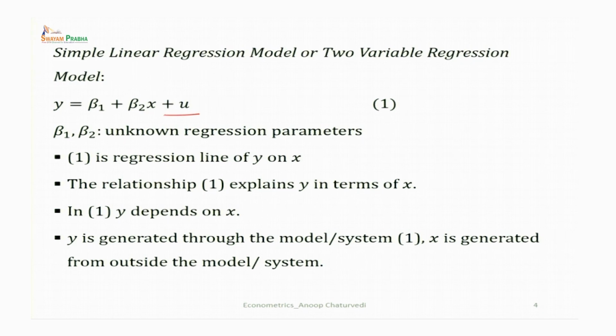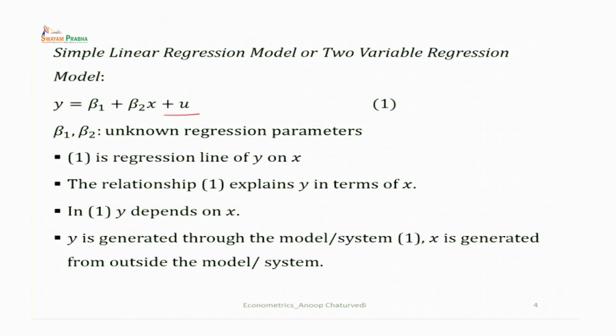We take some observations on x and y, and then we apply certain procedure for estimating beta 1 and beta 2 on the basis of observed data. Then this equation 1 is a regression line of y on x, and this relationship actually explains y in terms of x.